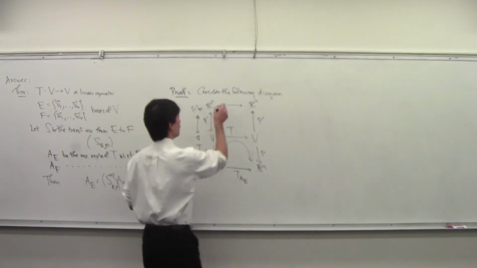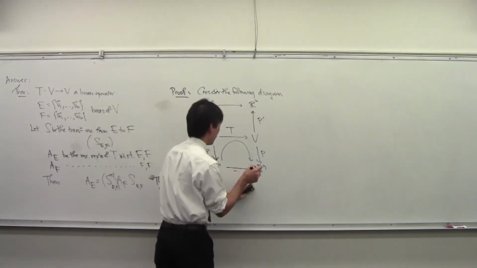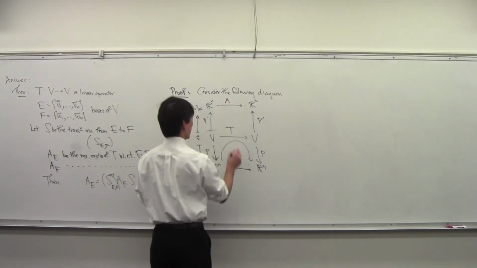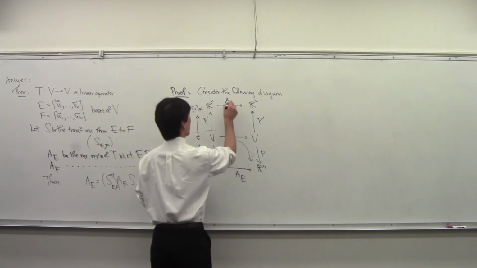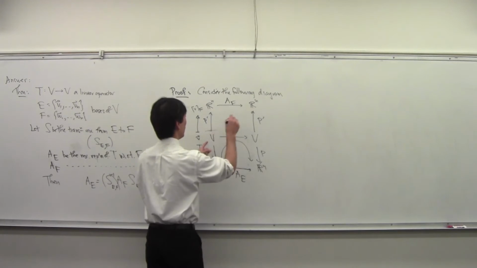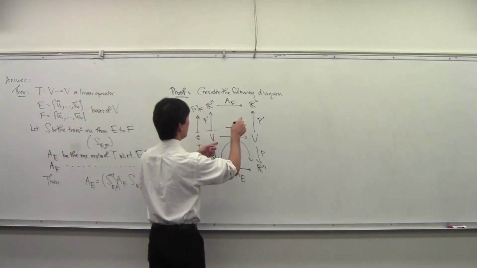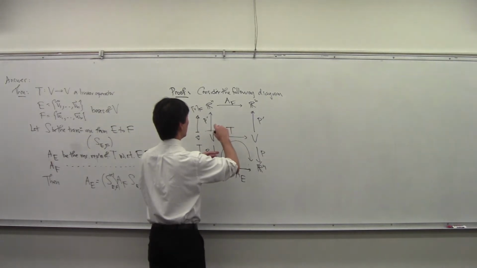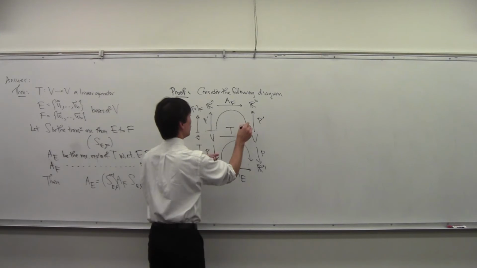A sub F, right? Maybe I'll just write A sub E. A sub F is the map that we can go this way, right?